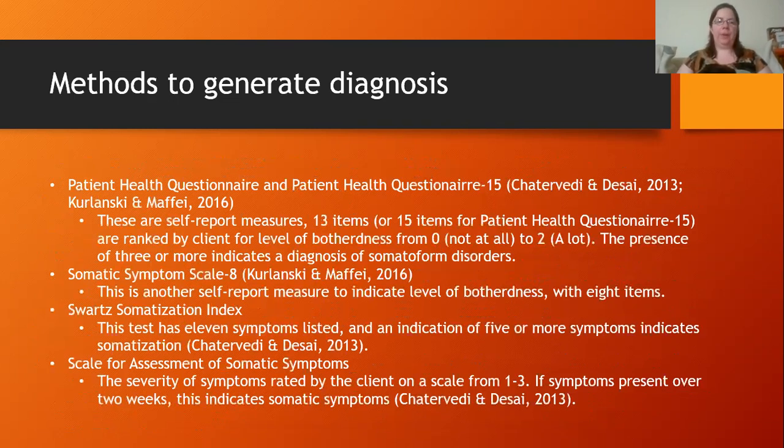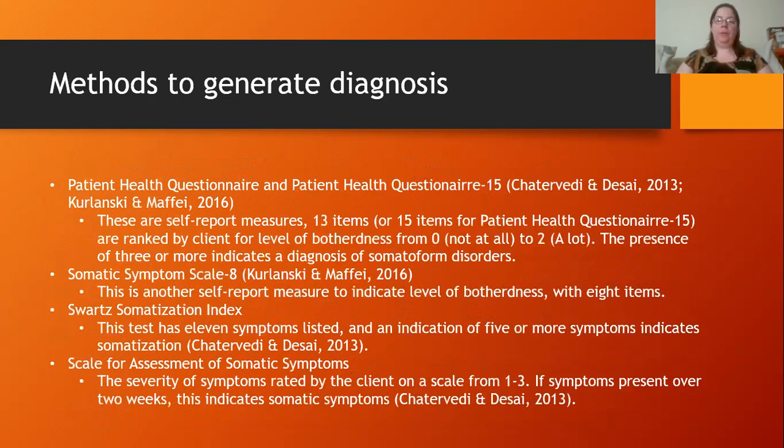There's the Schwartz Somatization Index. This one has 11 symptoms listed, and if the client indicates that they have had 5 or more symptoms, then that will indicate somatization. And the last one that I decided to include in my presentation is the Scale for Assessment of Somatic Symptoms.